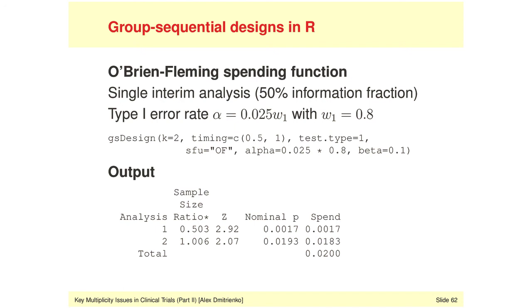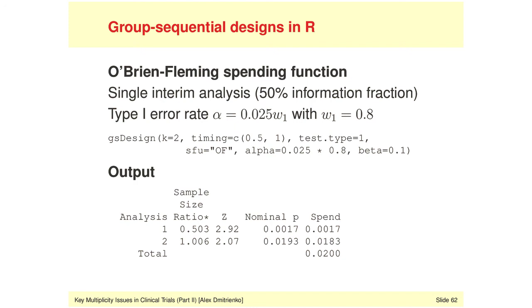All we need to do here is to change the value of the alpha parameter. Instead of applying the full alpha level, we're going to apply a reduced significance level, which is equal to alpha times W1. And after we call this function, we're going to compute the adjusted significance levels that need to be used in step 1 of the Holm procedure.